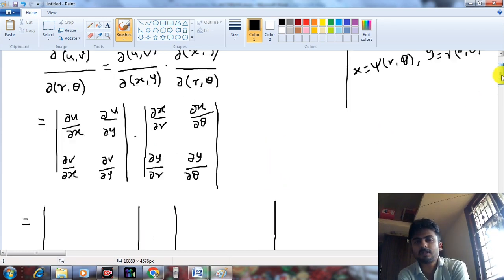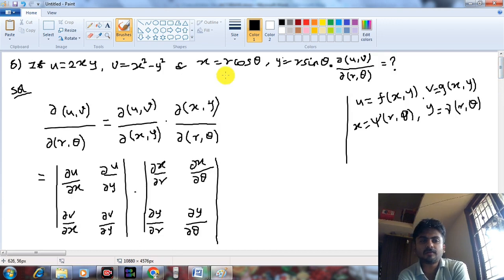First of all we are having u as the function of x and y. If I differentiate it with respect to x, x will become 1, so I get 2y. If I differentiate it with respect to y, y will become 1, so I get 2x. So 2y and 2x are the results.